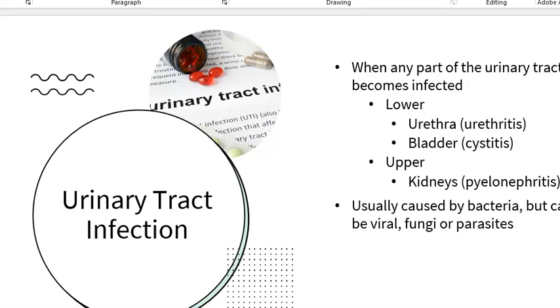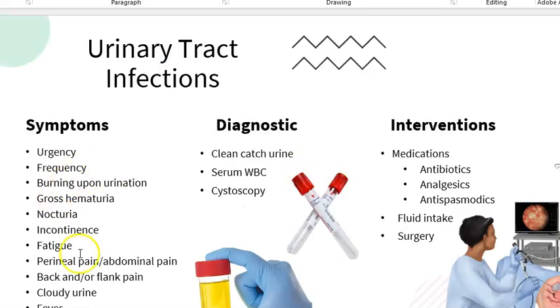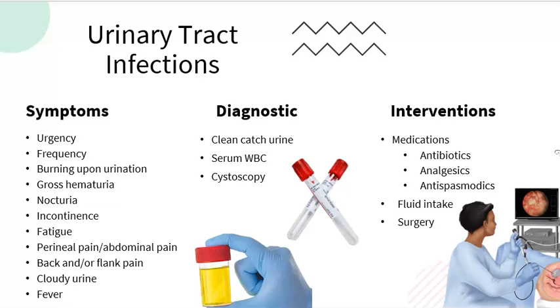Think about some of the reasons that a female might be more susceptible to a UTI versus a male. These are different symptoms, tests, as well as interventions. Think about what happens in your geriatric population when they may have a UTI.